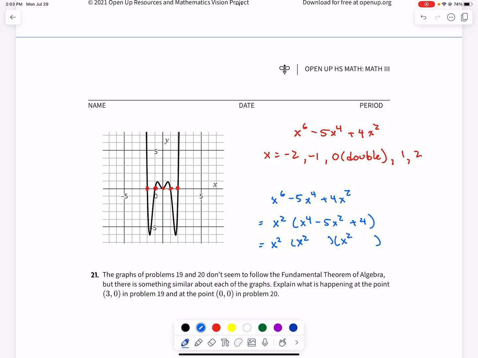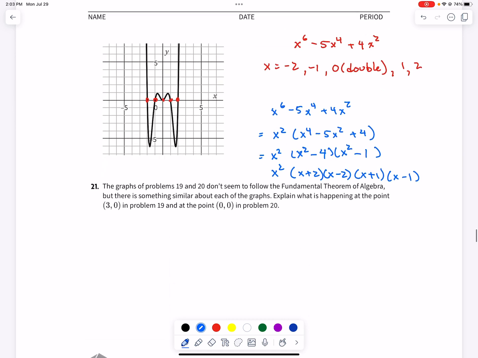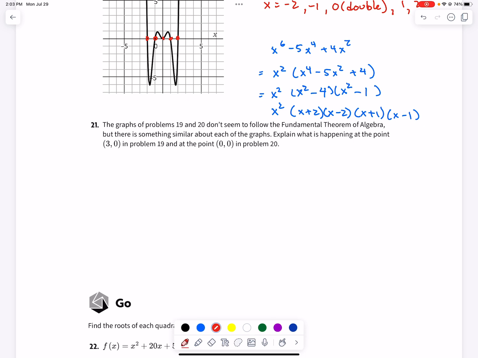Let's see. 4 is 4 and 1 or 2 and 2, and we can tell it's 4 and 1 because of the 5 in the middle, so, and 2 minus signs. Okay, and just so for a note, to say again what we've been saying.